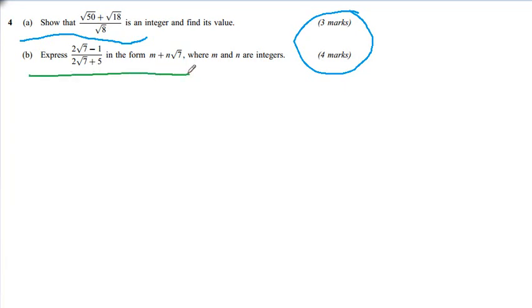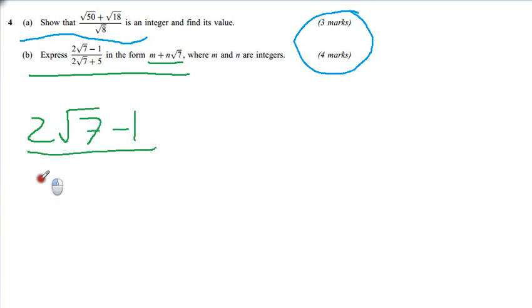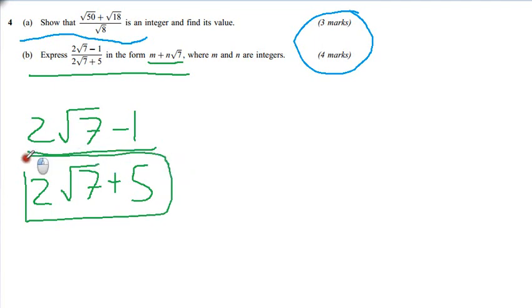So we've got to take this ugly looking thing and put it into this nice little form with a root 7 on the end. The way that we do that is, let's write it out for a start: 2 root 7 plus 5. This denominator here defines what we're going to do with this ugly looking situation.